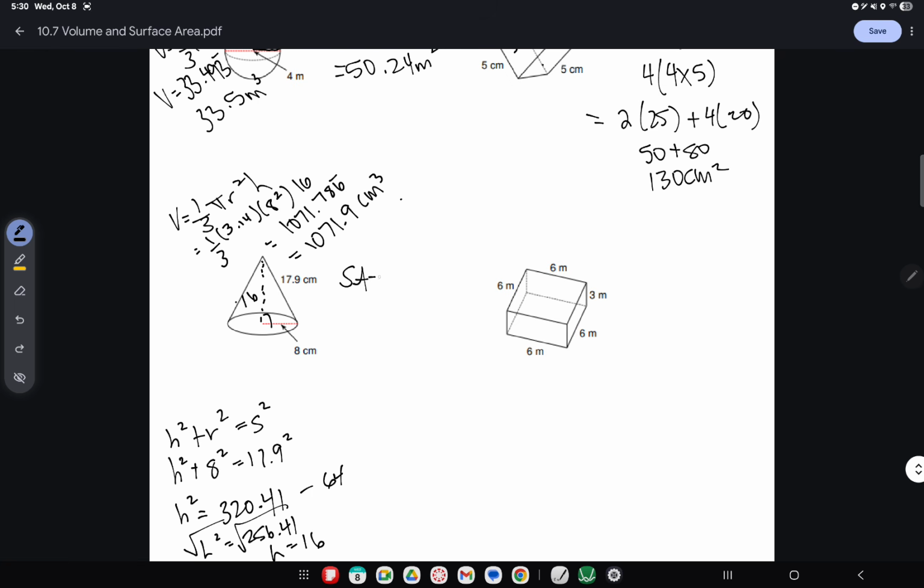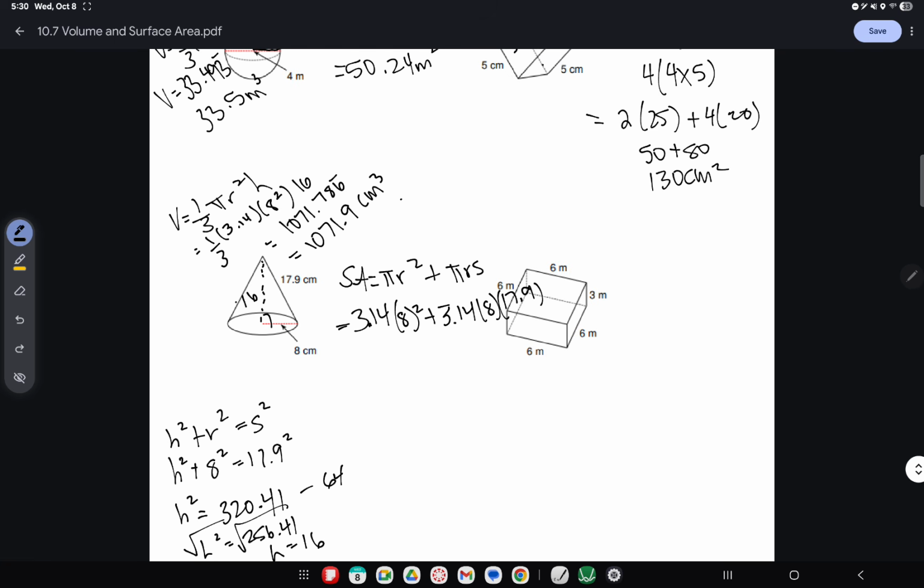And then the surface area is pi r squared plus pi r s. So 3.14 times the radius squared. And then plus 3.14 times 8 times the slant height, which is that 17.9. I'm running into the other shape here.